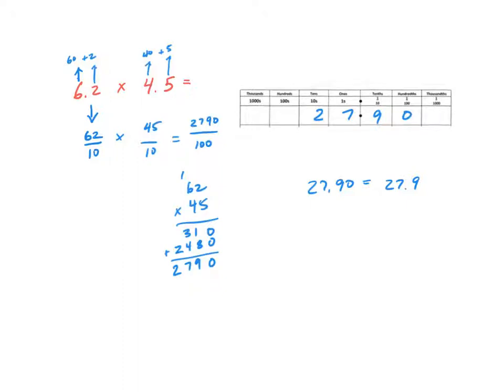So let me again show you the effect that moving my digits had on the decimal and my answer. I started out with 2,790. That's if I ignored the decimal and treated the problem like 62 times 45. But I divided 2,790 by 100 because I had tenths in both of my factors.